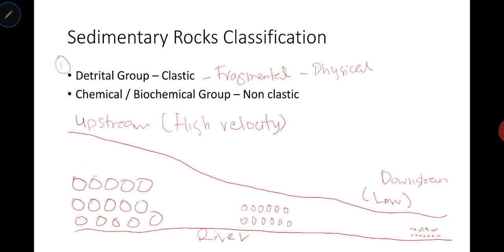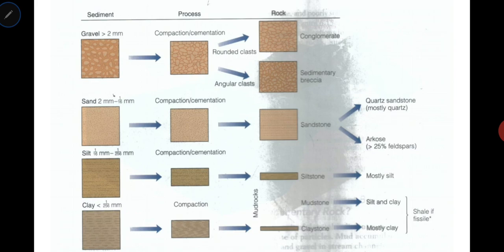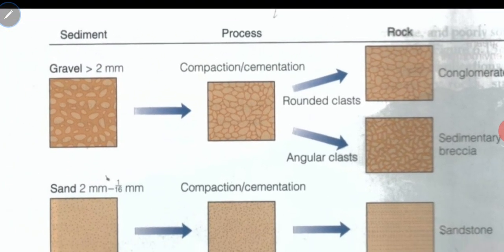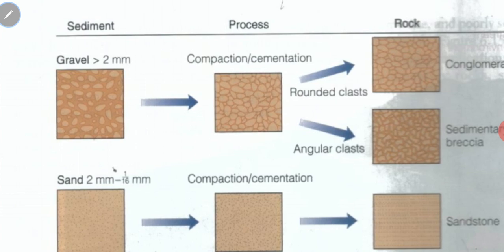So we do have types of sedimentary rock based on these shapes. Let's look into the close-up. We have this one, what we call gravel. Gravel is the biggest size of rock fragment, and the size is more than 2 mm.